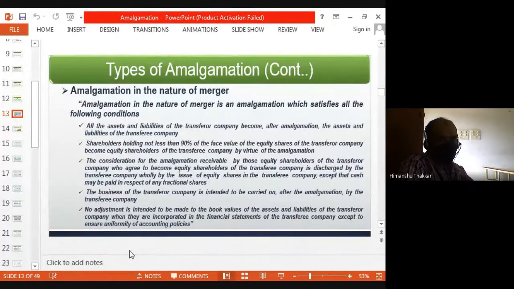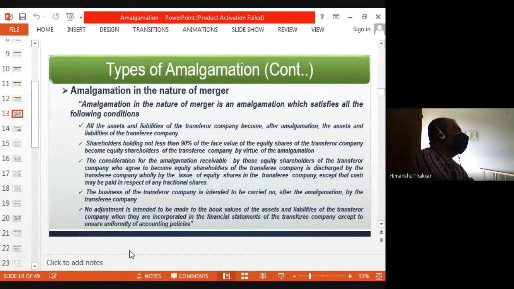Right. Third point. The fourth point says the business of the transferor company is intended to be carried on after amalgamation by the transferee company. It means if I purchase B Limited, the business of B Limited should continue in the name of A Limited. It should not be stopped. If it is amalgamation, the business should continue. Sometimes some companies purchase another company to remove the competition.